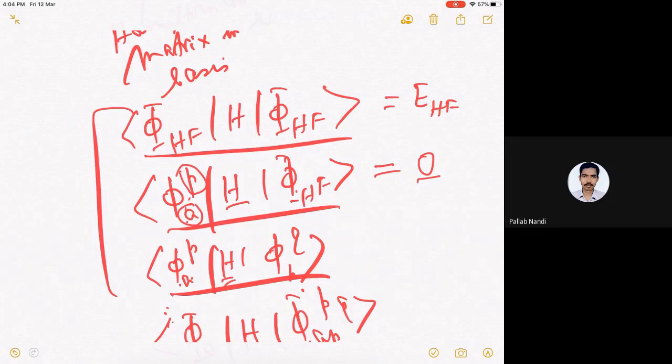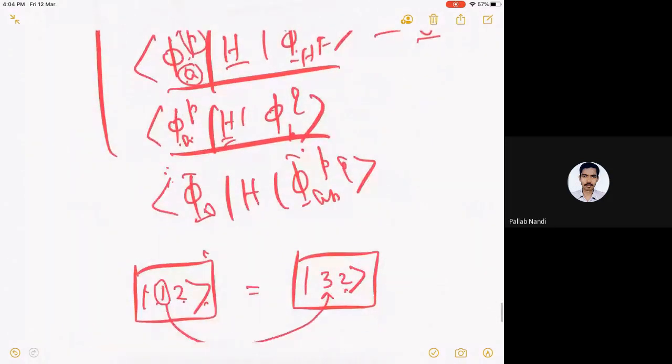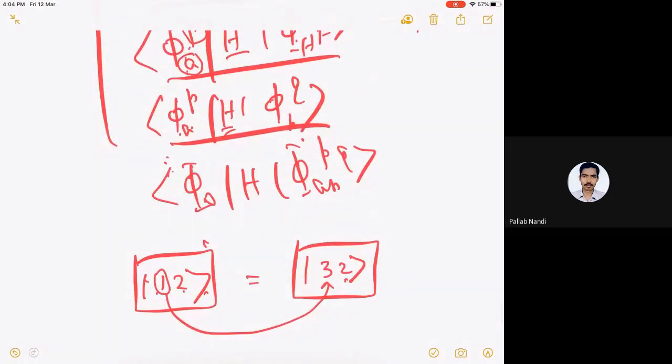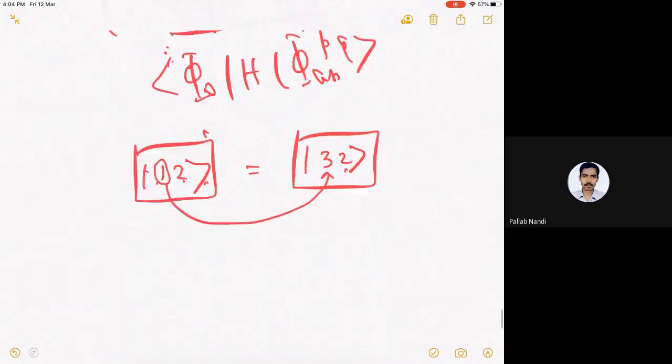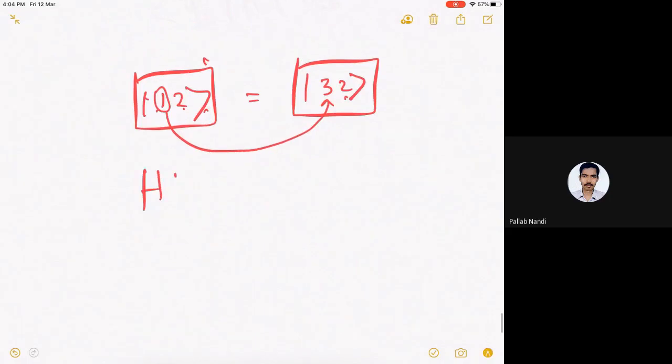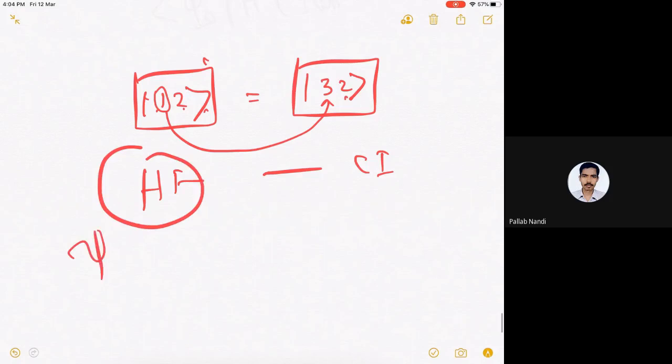But we have to connect all these things to perturbation theory, the main process from Hartree-Fock to CI. That we will do. But the Hartree-Fock to CI connection is very simple. In the Hartree-Fock theory, your wave function had only one determinant. In CI, your wave function is a linear combination of determinants.